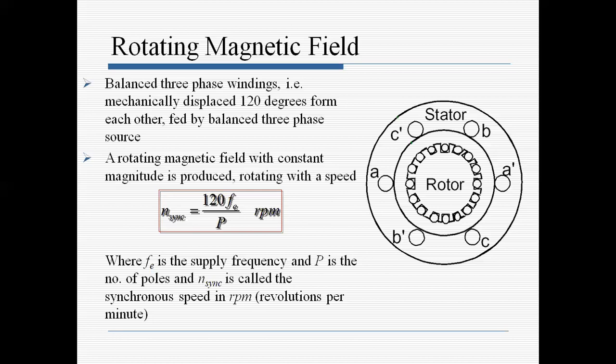Now, if the three-phase supply is given to the stator, where each phase has a 120-degree displacement, it produces a rotating magnetic field which rotates in the air gap at constant speed in the clockwise direction.